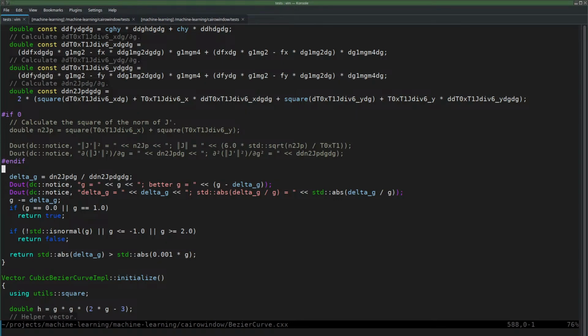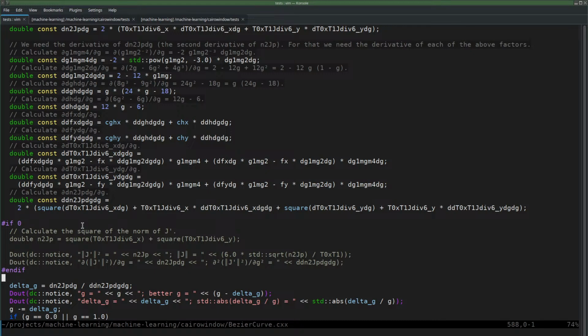Well, it is calculated in this function. Let's see. This stands for the norm of p prime squared, and then the derivative of that. So this is, well, prime is not the derivative.